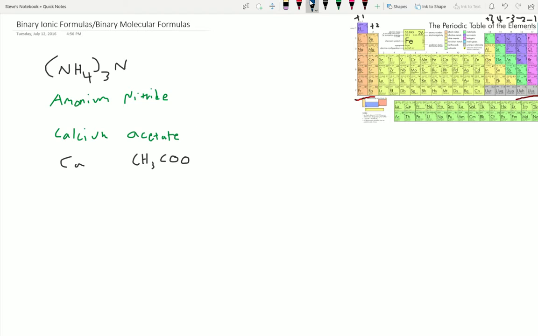The charge for calcium is +2. For acetate, it is -2. And because one is a +2 and one is a -2, they cancel out in the formula. So when you write it, instead of writing Ca2 CH3COO2, you just write Ca CH3COO.